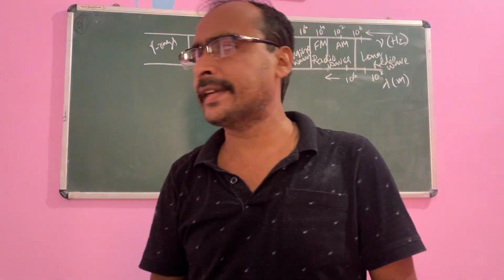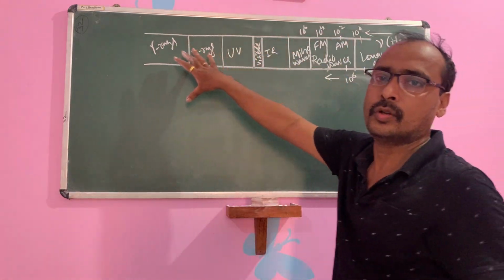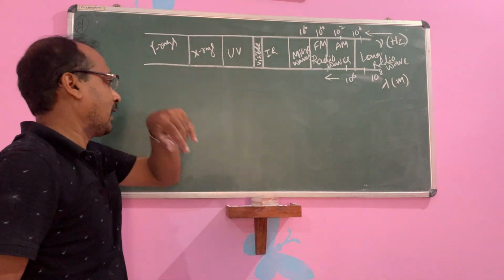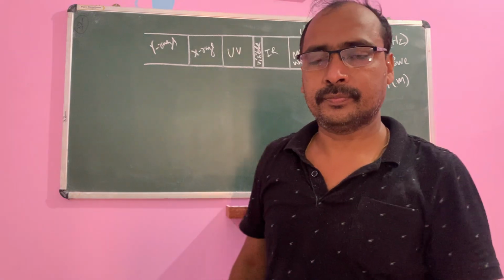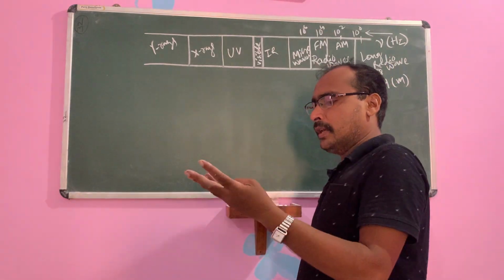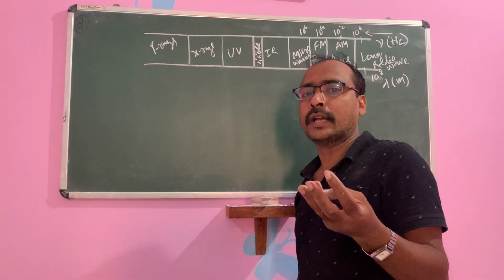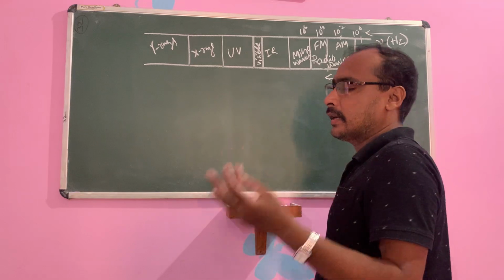So the electromagnetic radiations are arranged in such a type. This is known as electromagnetic spectrum. But we will emphasize on your visible spectrum. That is VIBGYOR: violet, indigo, blue, green, yellow, orange, red.